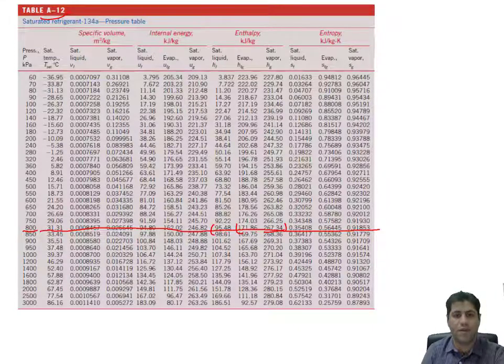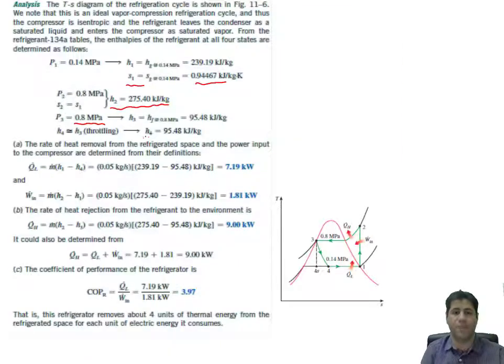Here what we have is saturated liquid. It means we need to find hf for this pressure, which is 95.48 kilojoule per kilogram. So we have already found the enthalpy for state 3.